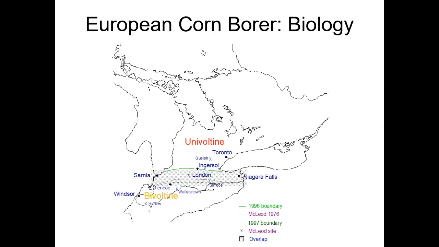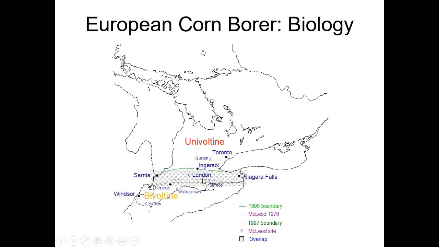From a biology standpoint, there are two different types of corn borer biologies: the bivoltine and the univoltine. They simply mean 2 generations, so bivoltine, and univoltine is 1 generation. The shaded area that runs from about Sarnia through London to Niagara Falls, that's what we call the overlap area. We have the 2 generational strain and the 1 generational strain, and they both live in this area here.